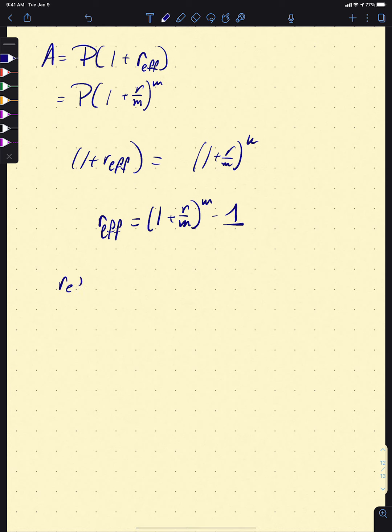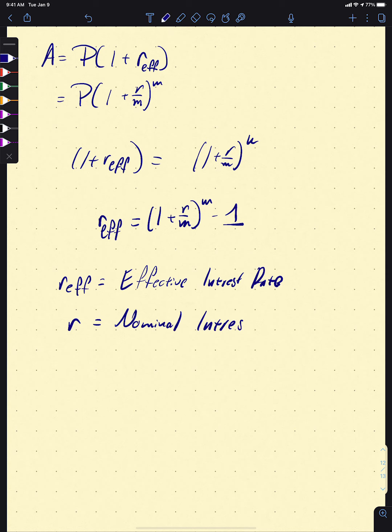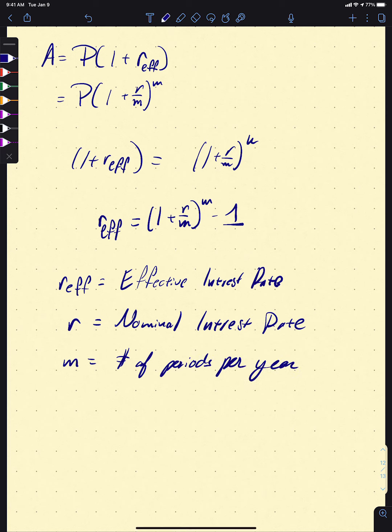Where r sub EFF is my effective interest rate. r is what's called the nominal interest rate, the same interest rate we were working with in the last case. And then m is the number of periods per year, right? The number of times that we compound.